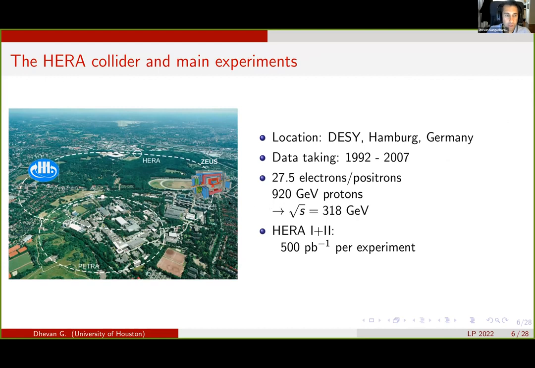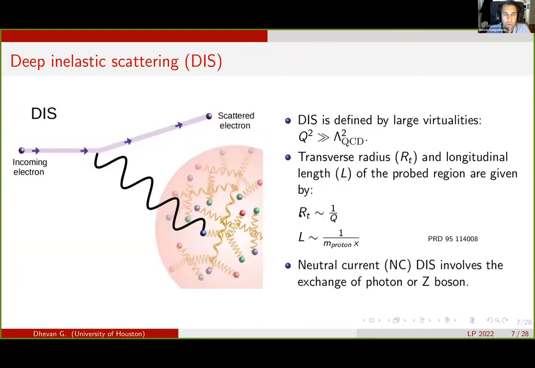The two principal detectors are H1 and ZEUS, and the root s of the collisions is 318 GeV. There are two regimes of scattering at HERA. The first one, the most popular one to study, is deep inelastic scattering.